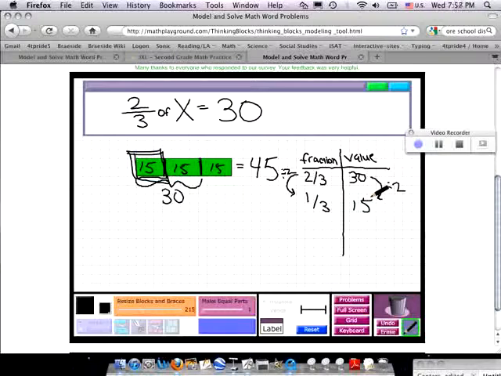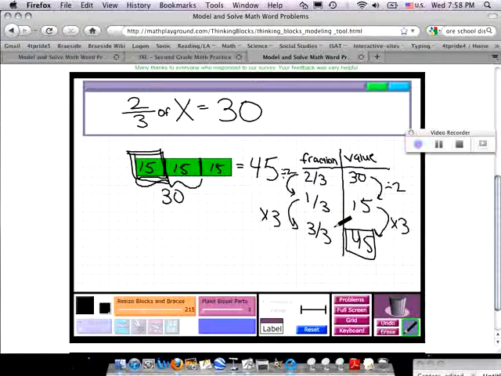When you're talking about the whole candy bar, you're talking about 3 out of 3 parts. So to go from 1 out of 3 to 3 out of 3, you're multiplying by 3. Whatever you do to one side, you must do to the rest, times 3, and you find out the value is 45.